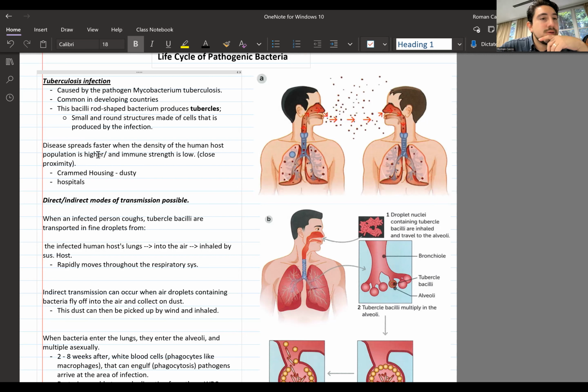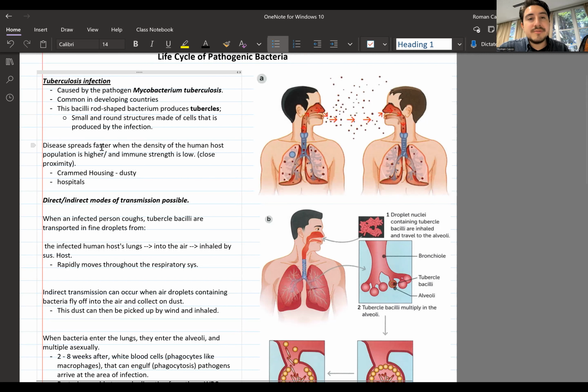So getting into that first one, tuberculosis infection is caused by Mycobacterium tuberculosis. This should be italicized, right? Mycobacterium tuberculosis. You should know these names, all right?